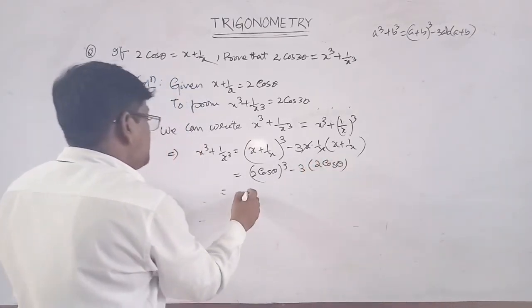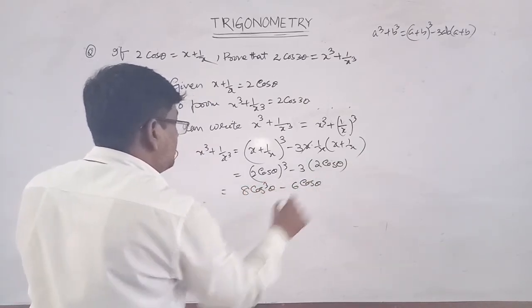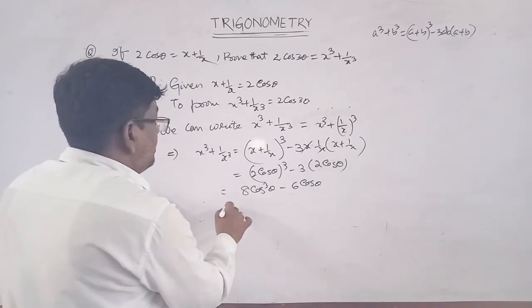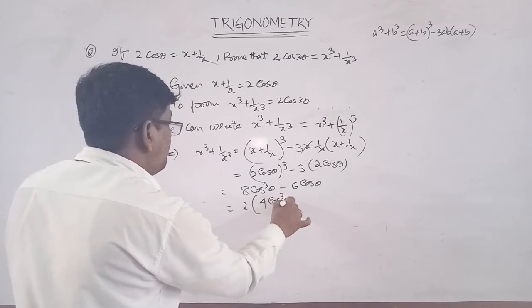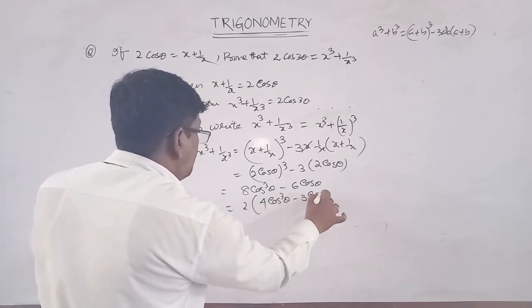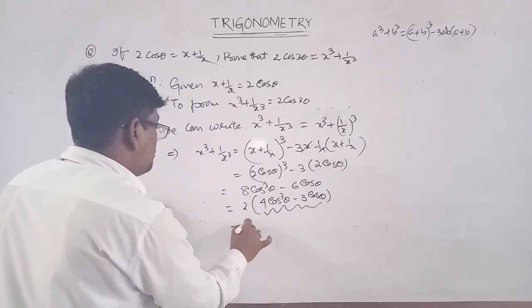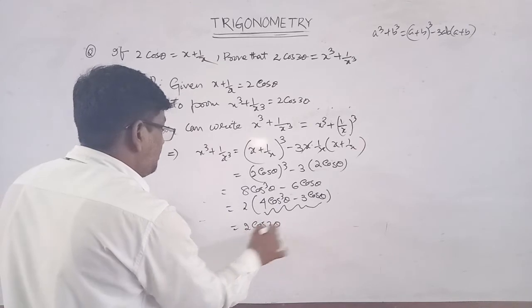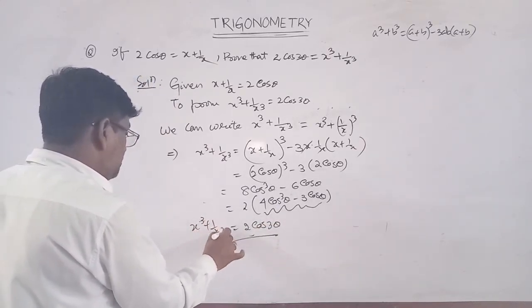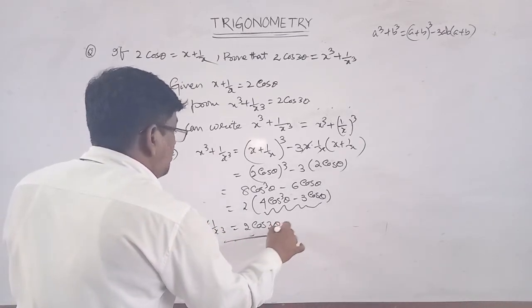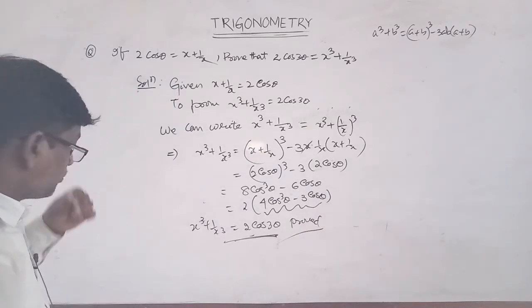So this is 8 cos cube theta minus 6 cos theta. Take 2 common here, that is equal to 2 into (4 cos cube theta minus 3 cos theta). This is the formula for cos 3 theta. So 2 into cos 3 theta. Okay, so x cube plus 1 by x cube is equal to 2 cos 3 theta. Proved. Now another question.